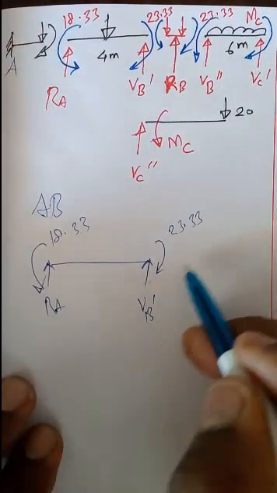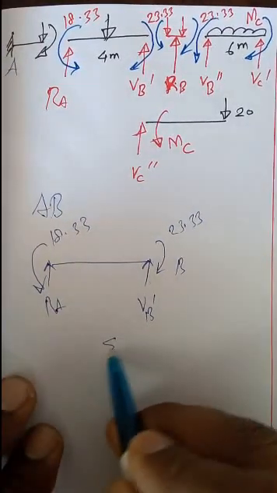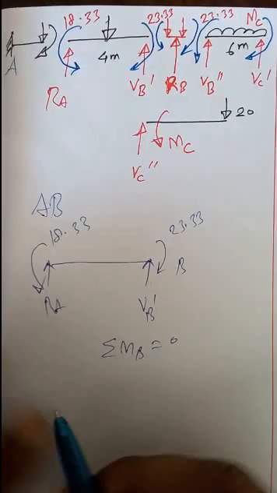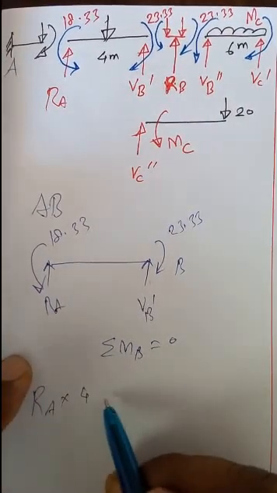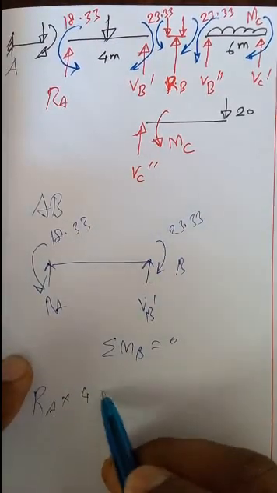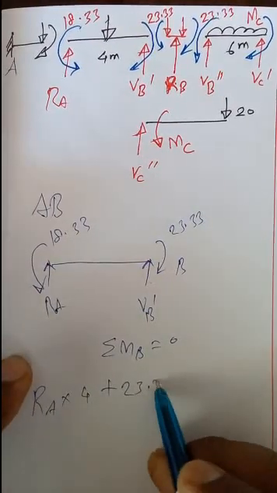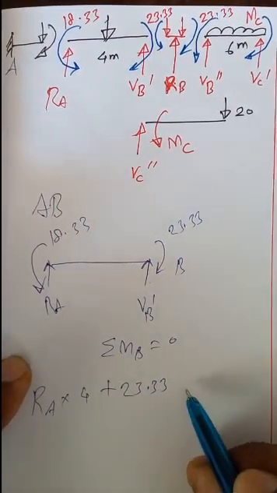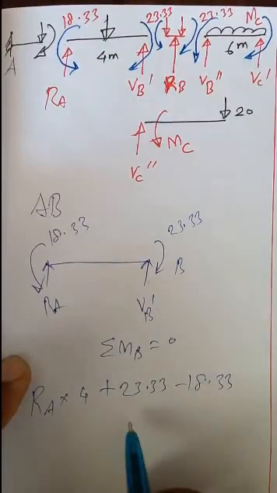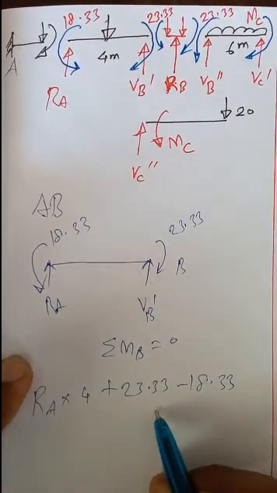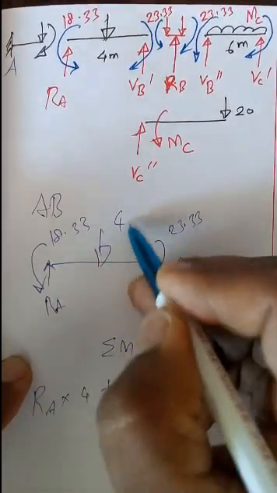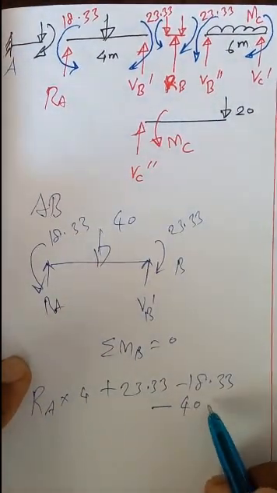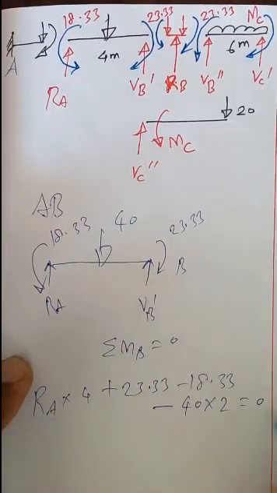Now take moment about point B equal to 0. So what you will get is RA into 4, so it is in clockwise direction, plus 23.33, then minus 18.33, then you have a load here, so minus 40 into 2 equal to 0.